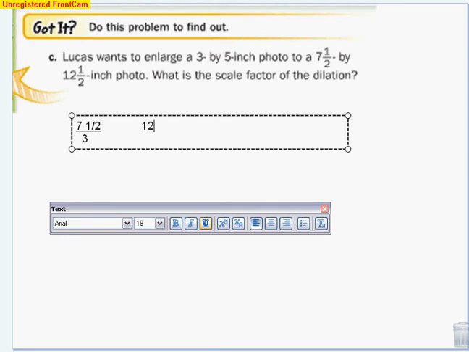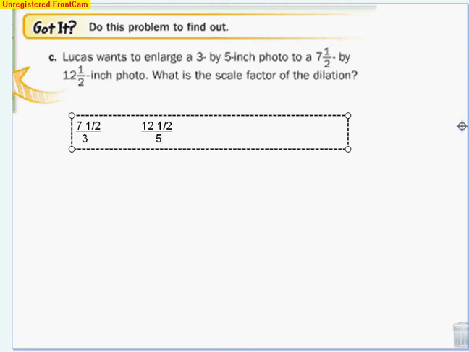Then take 12.5 and divide it by 5. Hopefully you got the same answer of 2.5 for both.